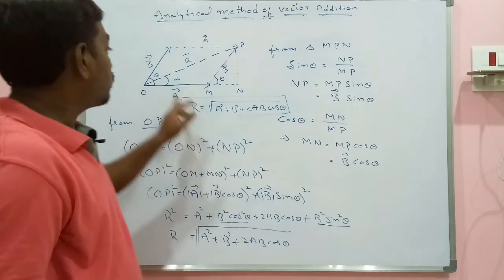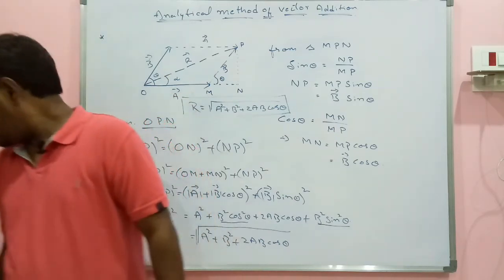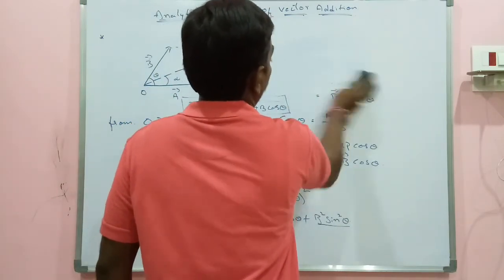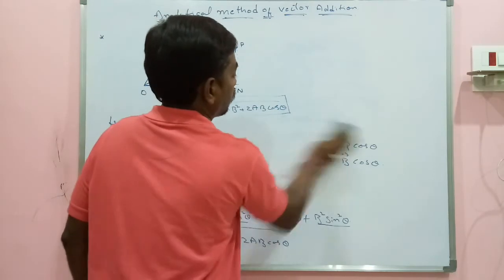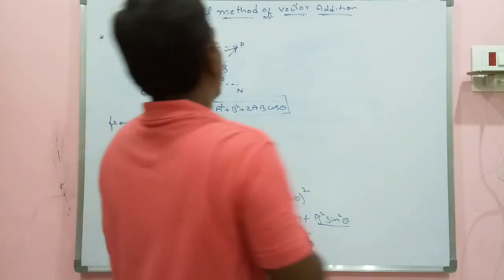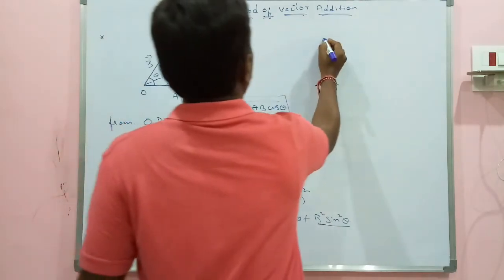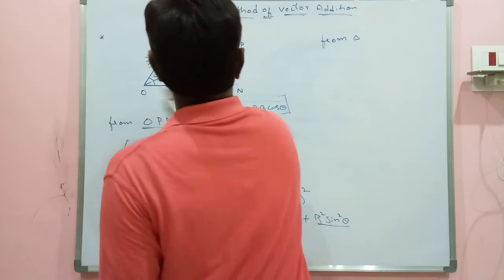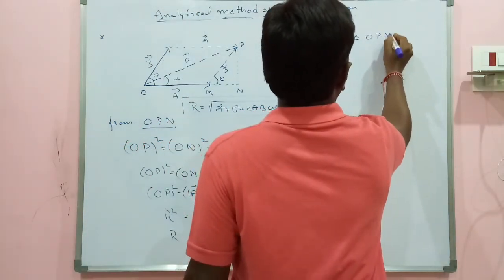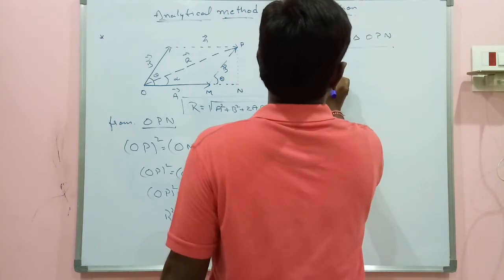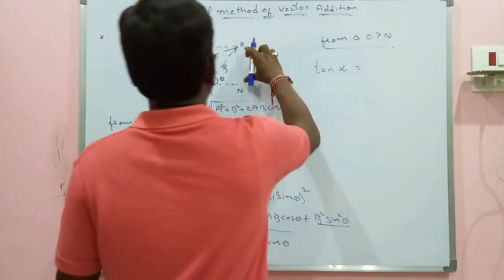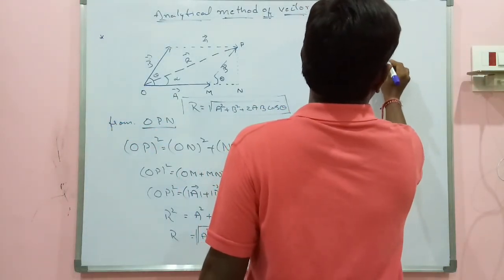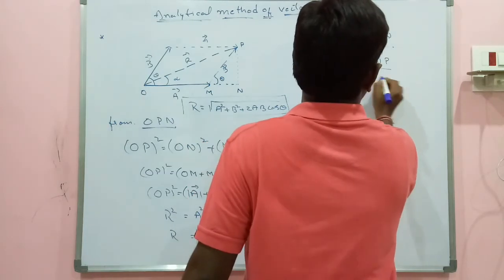Now let us derive the formula for alpha. So for alpha, again you take the triangle. From the triangle OPN, tan alpha is equal to opposite side by adjacent side, that is NP by ON.